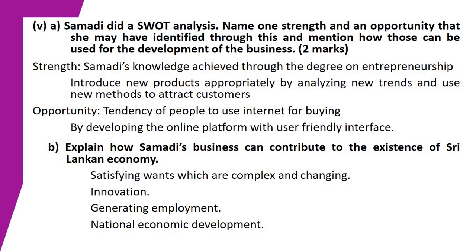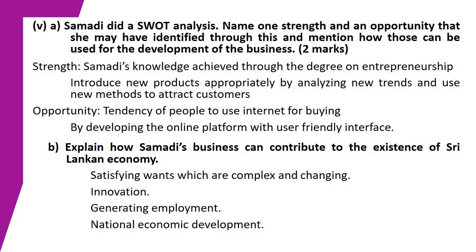Then in the macro environment, the factors are political environment, economic environment, demographic environment, likewise. So by analyzing the external environment, you can identify the opportunities, that means the favorable factors given by the external environment, and threats, that means the unfavorable factors within the external environment.